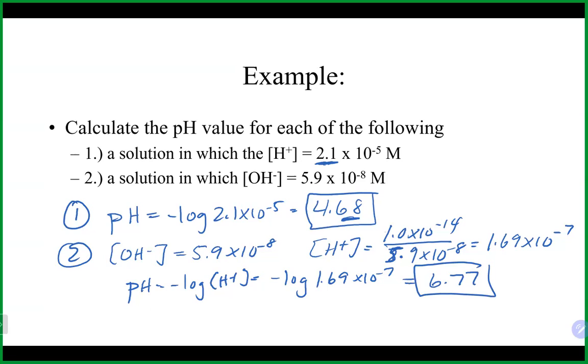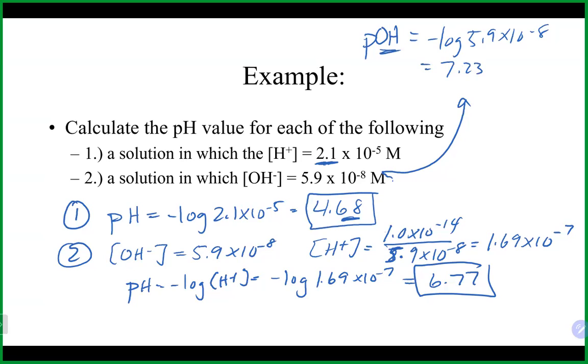Now, if you went straight into the pH equation by doing minus the log of 5.9 times 10 to the minus 8, you did not calculate the pH, because obviously that is not the H plus concentration, that is the OH minus concentration. So you calculated what is known as the pOH, which means you need the OH minus concentration. And that would have gave you a 7.23 pOH.